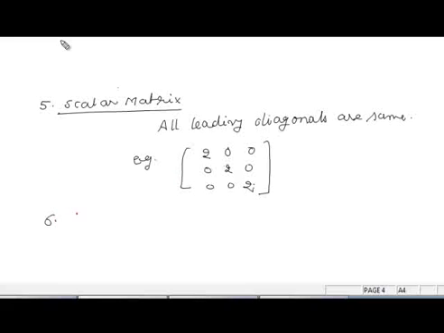The next is the unit matrix, or it is also called the identity matrix.